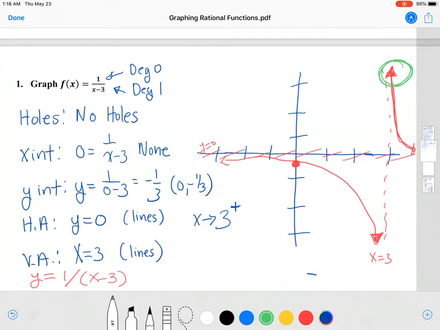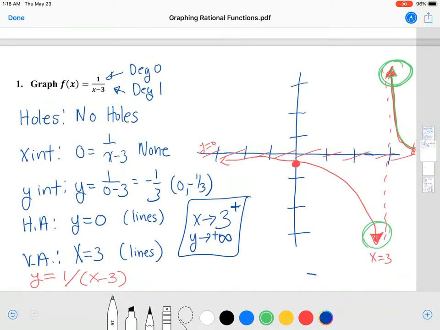So if I trace my graph, if I'm coming closer to x equals 3 from the right-hand side, I would put a 3 plus. Now when x comes in from the right of 3, look where that arrow is going. That arrow is going up. So I would say y goes to positive infinity. So there's my arrow notation for that first arrow.